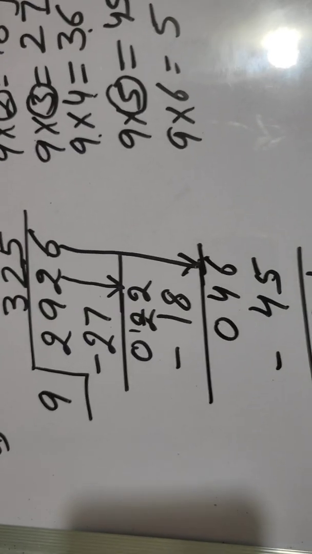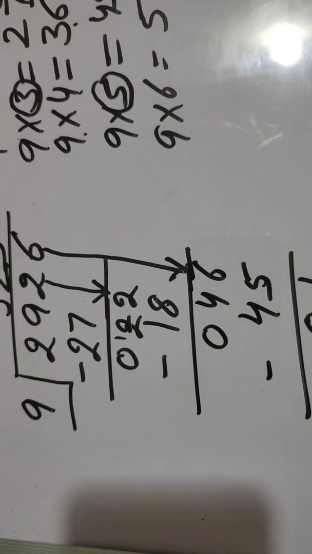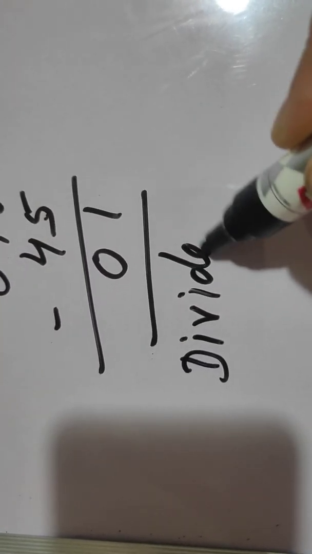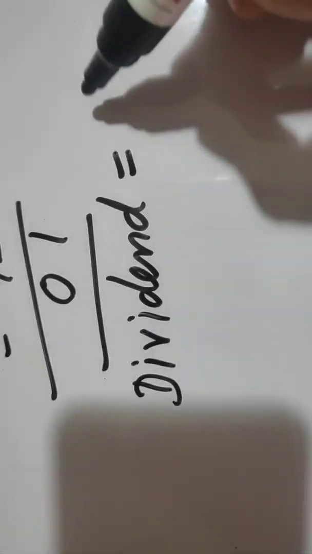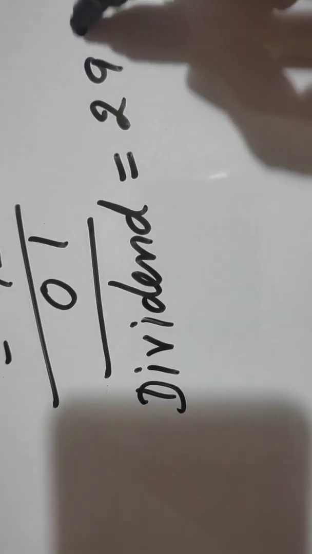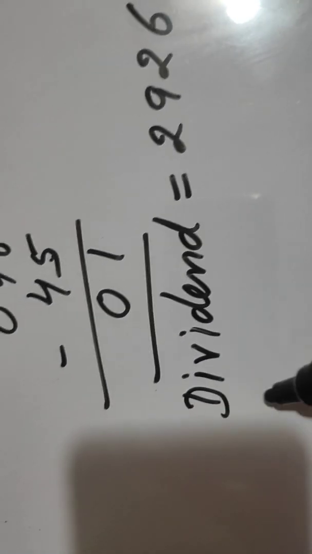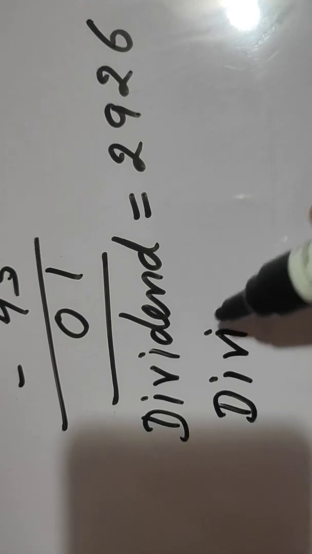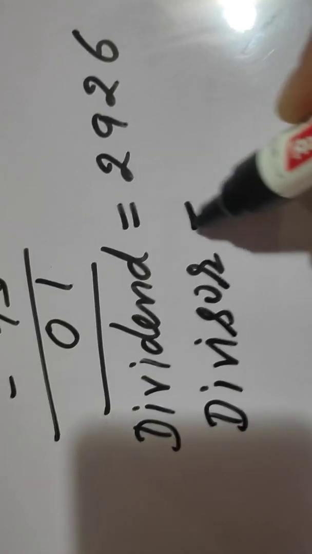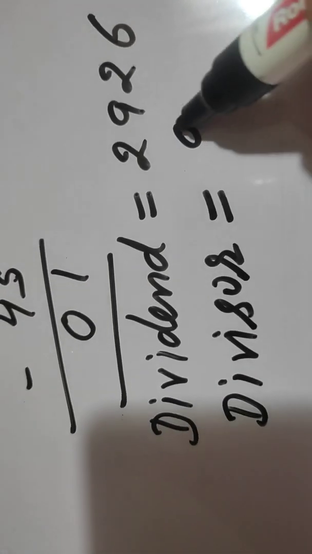So what do we get? What was given already? Dividend. And the dividend was 2926. What was the divisor? The number with which we have divided, that was 9.